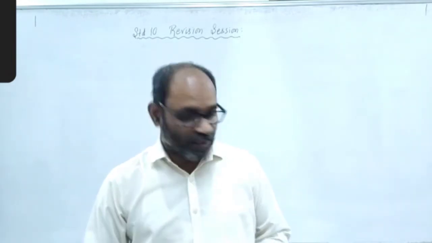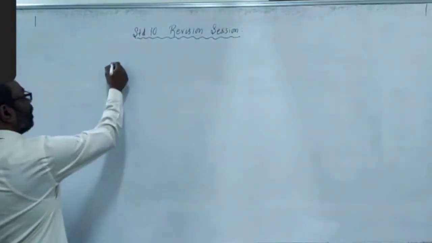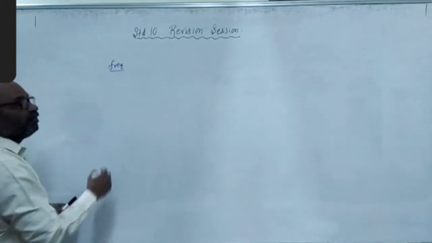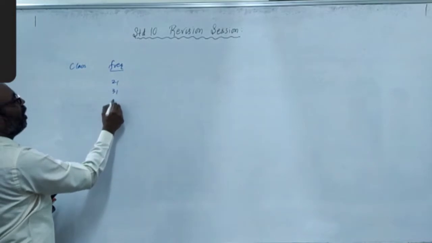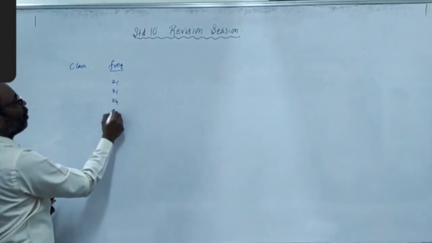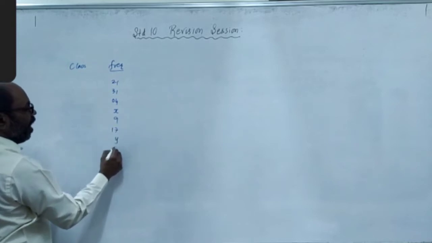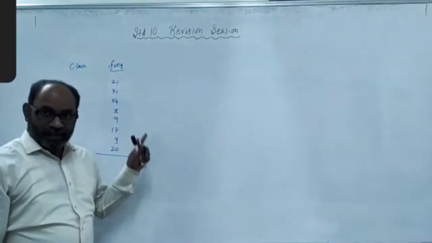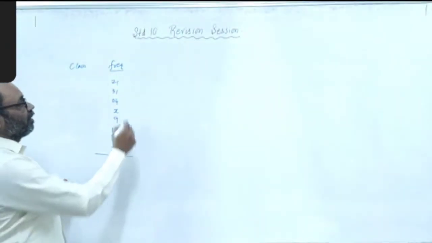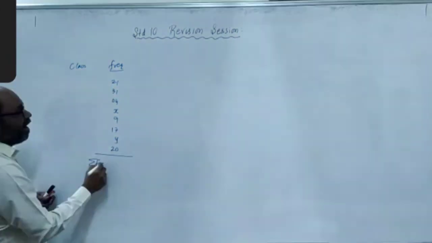I begin with the first thing: in statistics you will have a frequency column. Class, I'm writing 21, 31, 4, X, 9, 17, Y, 20. Total frequency is not given to you here. Now if you add, this will give me sigma Fi.